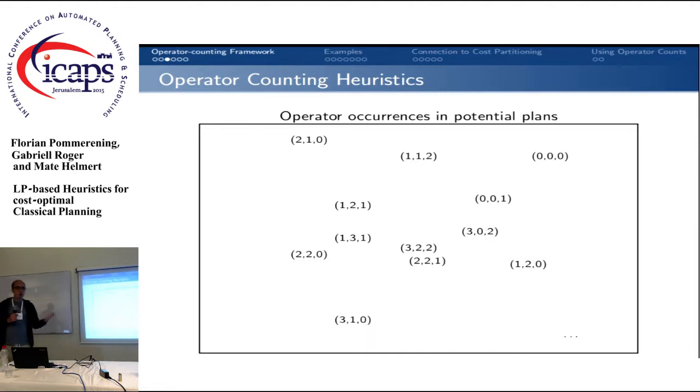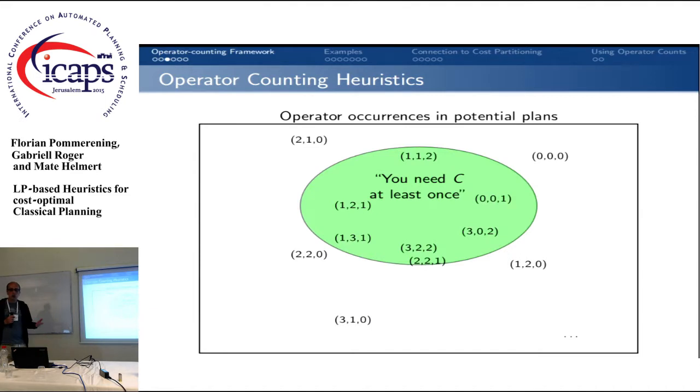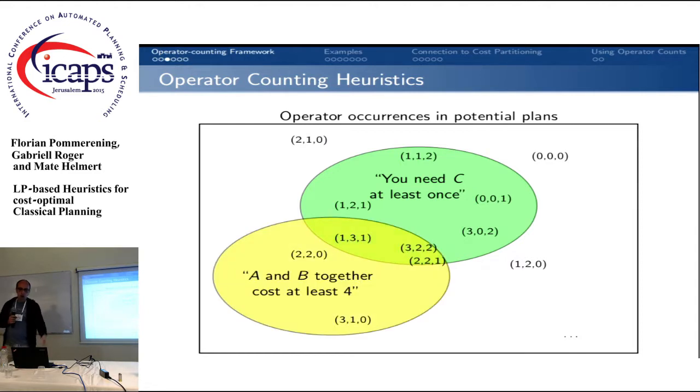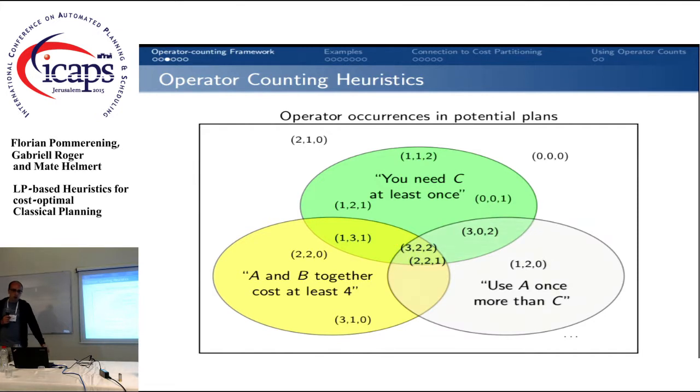And now if someone tells you a property that all plans must have, like you need to use operator C at least once, or A and B together have at least cost 4, or when you use C, you must use A at least once more.